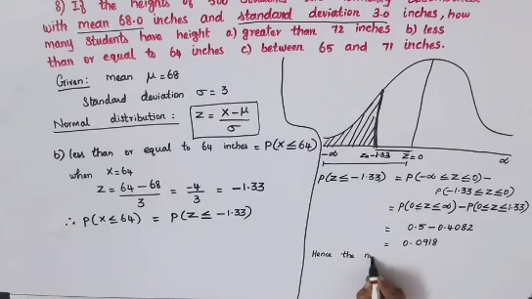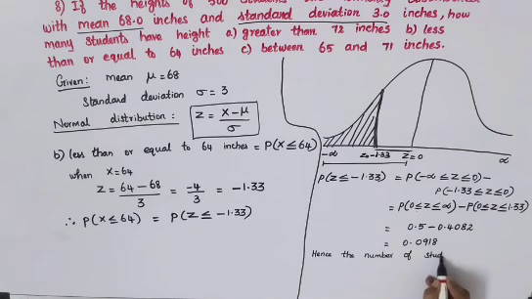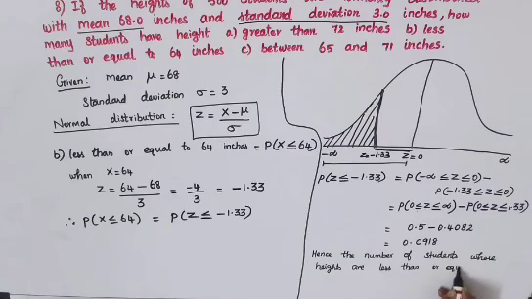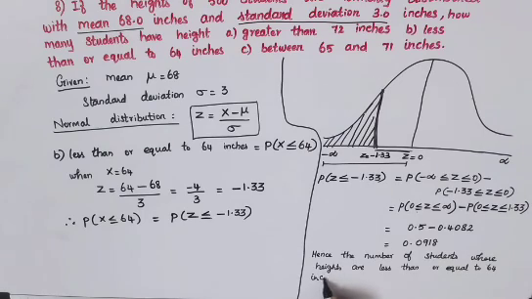Hence the number of students whose heights are less than or equal to 64 inches is equal to this value 0.0918 into 500, because 500 students are given to us.